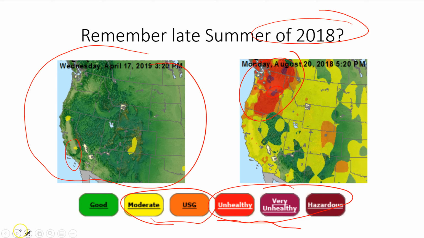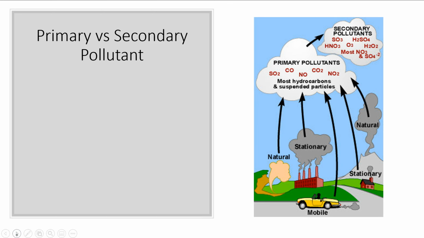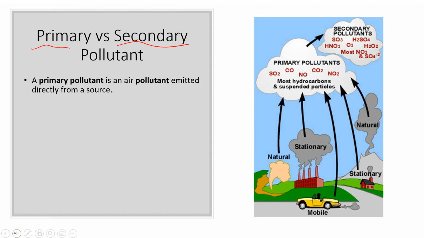Moving forward, we've got 2 terms we're going to differentiate: primary and secondary air pollutants. If any of you have had environmental science, you already know what these terms mean. But quickly, a primary pollutant is a pollutant that's emitted directly from a pollution source. Your automobile, for example, is a pollution source.